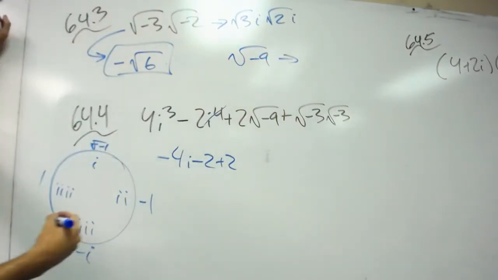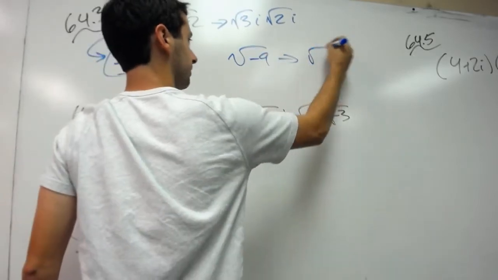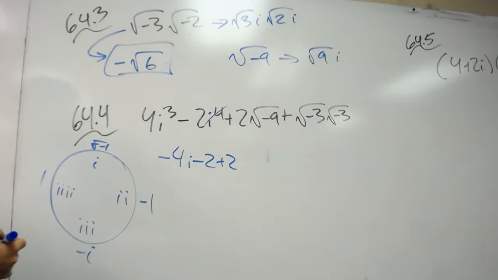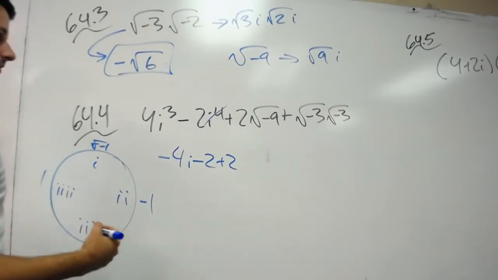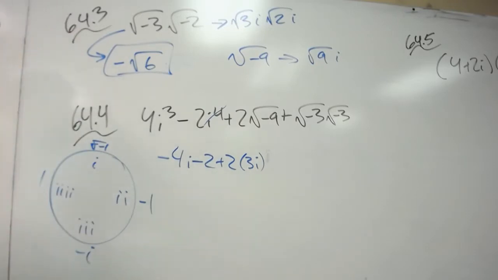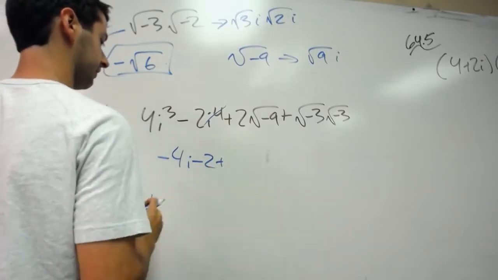What does that become? Well, we take out the negative to make it radical 9 i, and then the square root of 9 is 3. So that becomes times 3i. We can go ahead and simplify that to be 6i. 2 times 3, 6i.